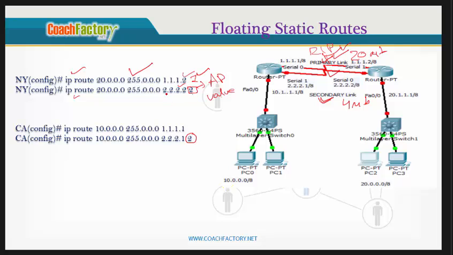So if we want to choose this connection as secondary, then once we specify the next hop IP address, we should simply give any number higher than 1. So this will be used as primary. If this connection goes down, then the router automatically, we don't need to do anything, this connection will come up.